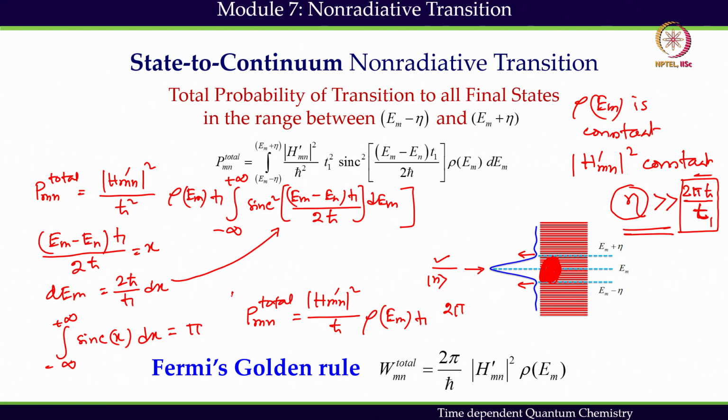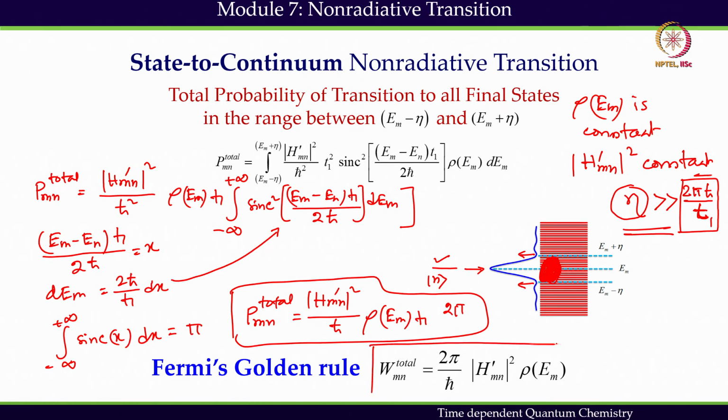this is what we get as the total probability of transition to all the allowed states for this transition, and as a result the rate of transition will be given by this equation. What we see here is that this equation is quite similar to the state to state transition, except for the fact that here I have density of states, and there I had this delta function.